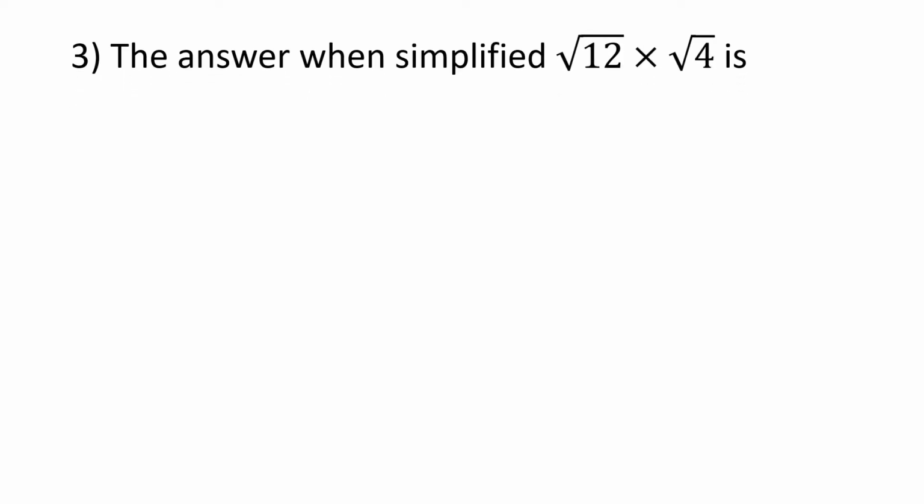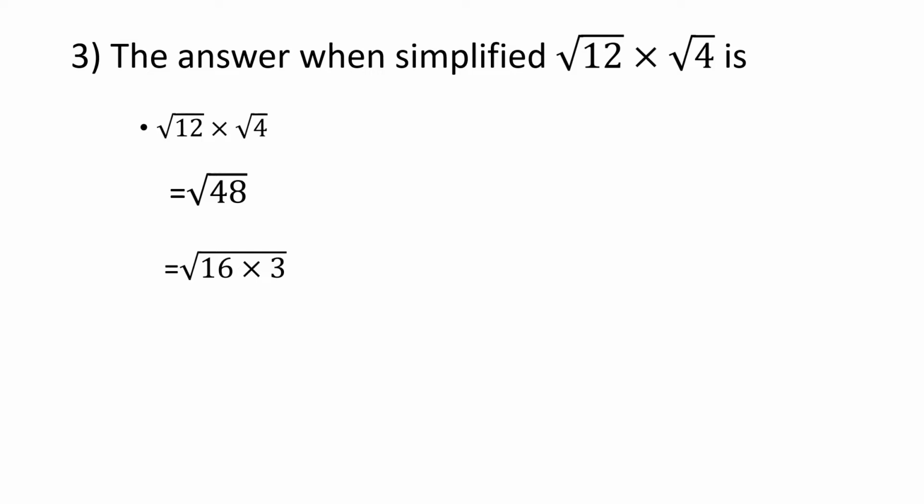The third question, the answer when simplified square root of 12 multiplied by square root of 4. First, we have to multiply 12 by 4. That is square root of 48. As you know, 48 can be written as 16 multiplied by 3.